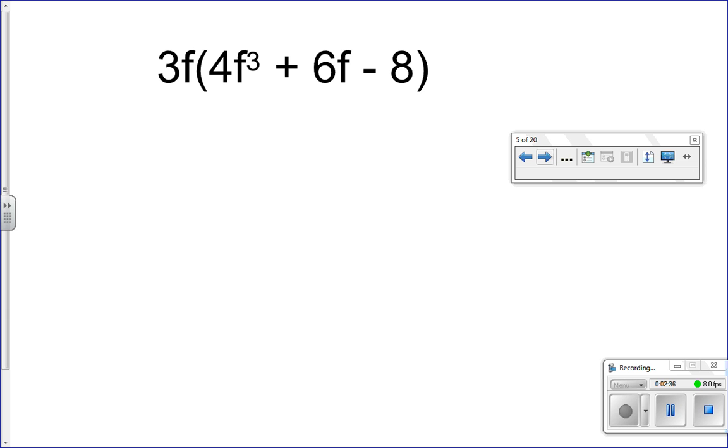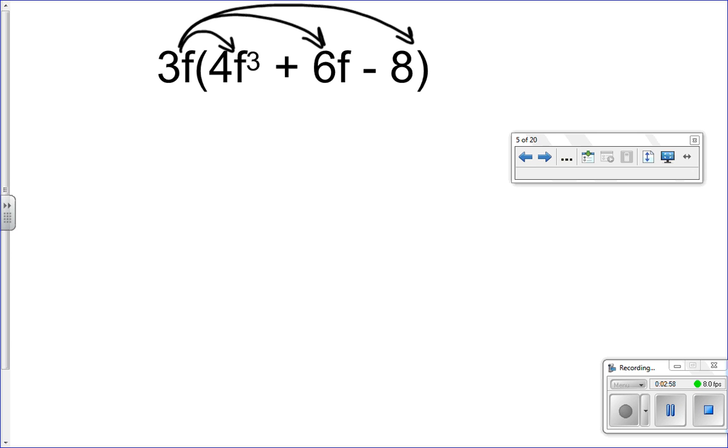Alright, now try this one. This has a monomial on the outside that has both a coefficient and a variable. So we distribute that 3f to all three terms.